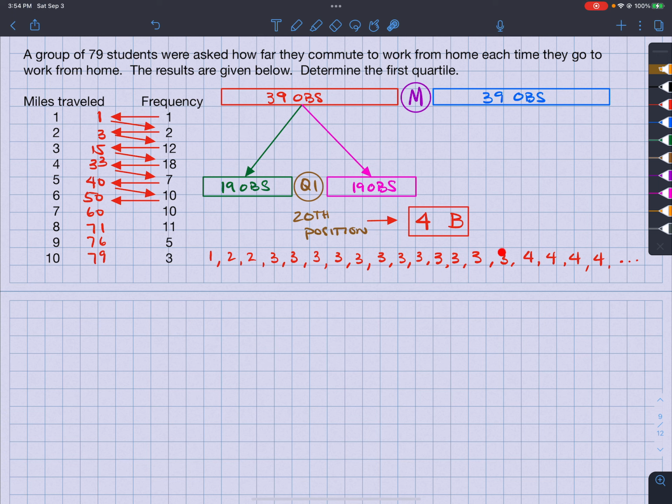So the 15th position is at the end of 3. Then 16 starts here, 17, 18, 19, 20, which is the 20th position, which is 4. I guess I should have written down one more 4, and then it can tell me that I'm actually in the 20th position.